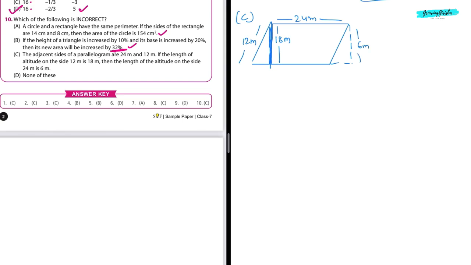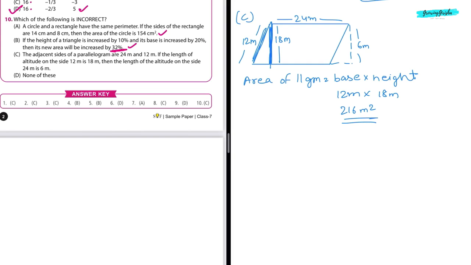This is what the question is saying. We know that area of parallelogram is equal to base into height. Let us take the base 12 meter and height as 18 meter. So the area will be 216 meter square.